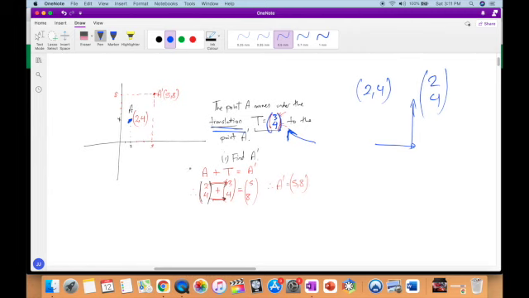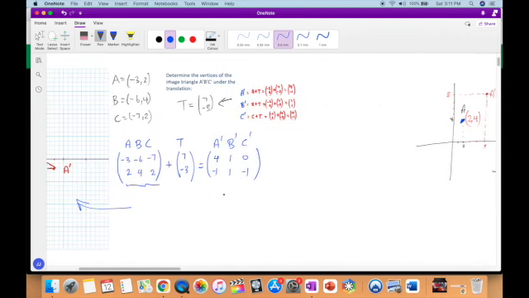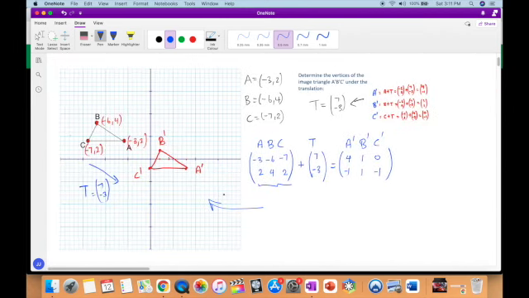So we saw that all we really needed to do was put the point in the form of a vector and add the x's, add the y's, and we will get A prime, which we refer to as the image. Yeah, the image under the translation T. So you have to kind of get used to this language, right? Then we saw, well, what if we don't have 1 point?